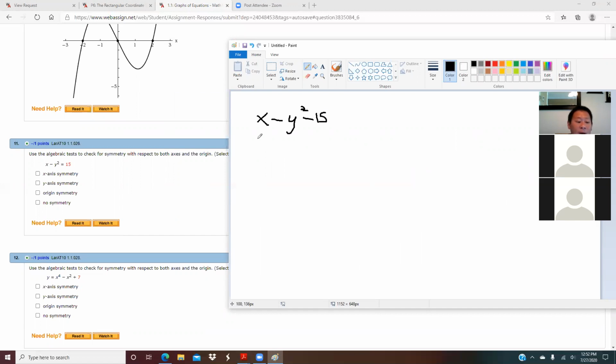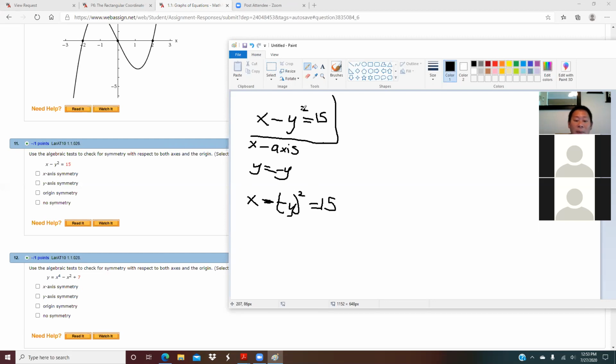For us to figure out if it is symmetric about the x-axis, what you do in this case is you change your y to -y. So your equation becomes x equals x minus (-y) squared. Where's my equal sign? Equals 15. Sorry, that's the equals here.